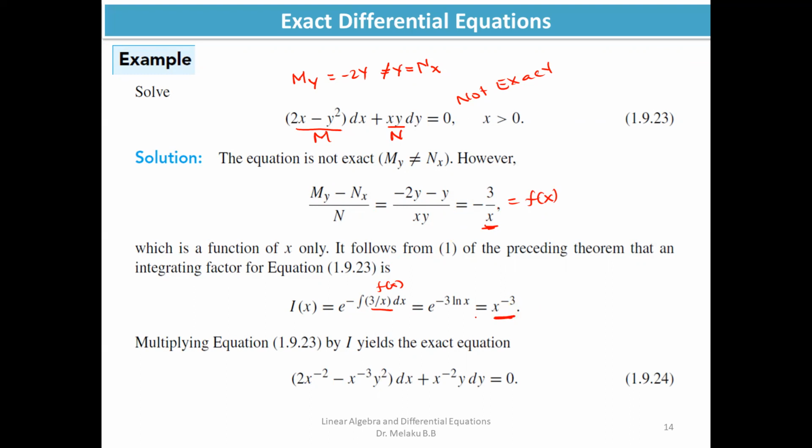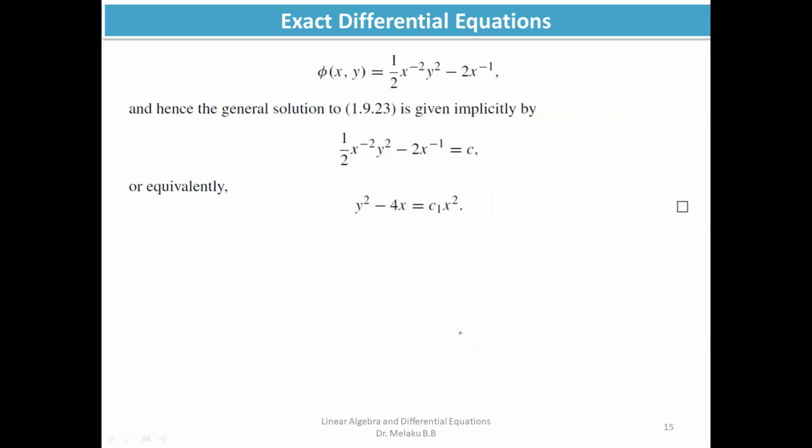Now, upon multiplying I to this differential equation, which is not exact, it will become exact. And here is the exact differential equation. Once you have an exact differential equation, we can find the potential function phi as usual by using the two partial derivatives.